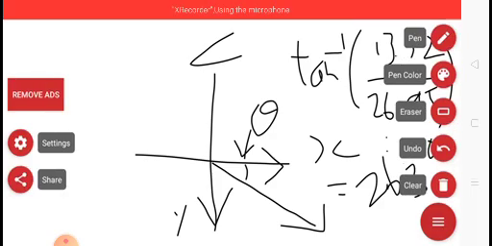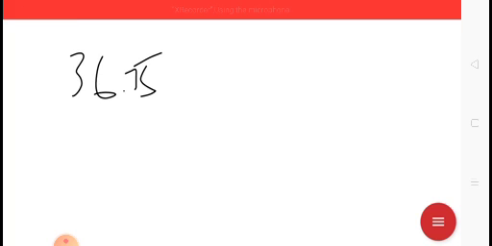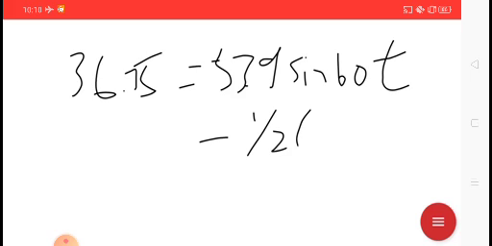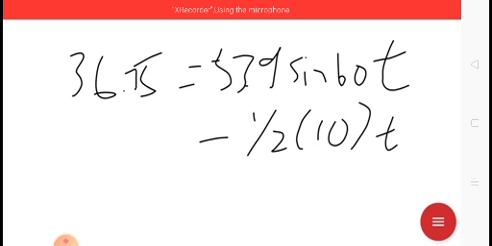So 36.75 is equal to 53.9 sin 60 t minus half g t squared, right?